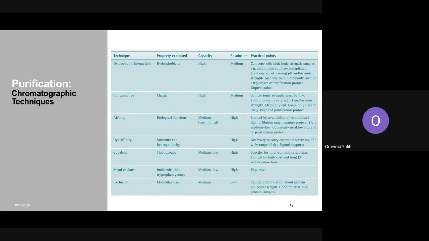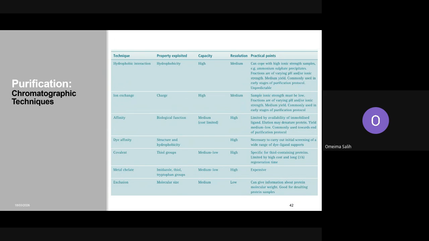There is also the metal chelate. It's another type of chromatography that uses a stationary phase that contains metals, or maybe a mobile phase that contains metals. For example, if you are testing different protein interactions that need metals as a mediator, then you can test this using metal chelates. There is the exclusion, which is separating the proteins according to their molecular size.